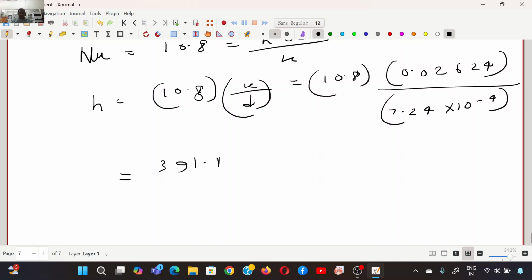You get 391.4 watt per meter square degrees Celsius.